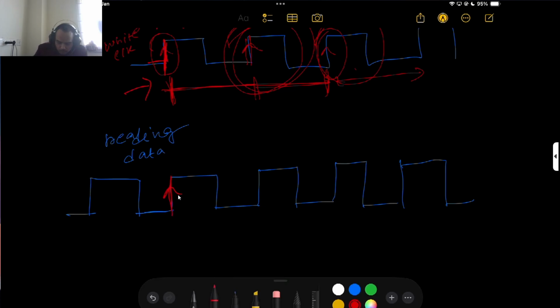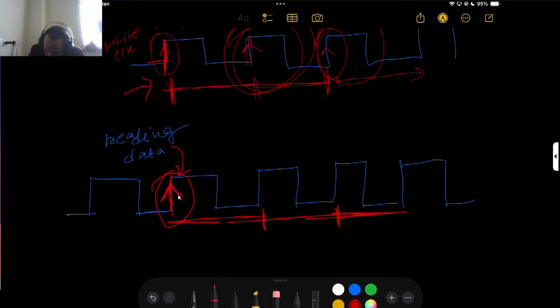Suppose my reading data is from here. We need a positive edge clock so that my reading data will be captured from this. But between them, 3 cycles will be extra. So this is 1, this is 2, and this is 3.